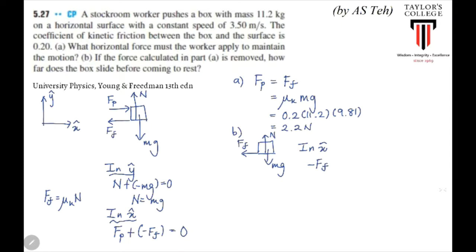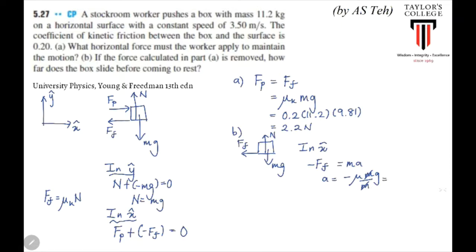That's the only force present, and it's decelerating, so it equals ma. Therefore the acceleration equals F friction, which is negative mu times normal force mg, over m. I can cancel out m, so the acceleration is just negative g times mu.